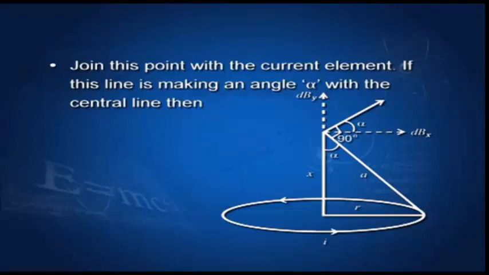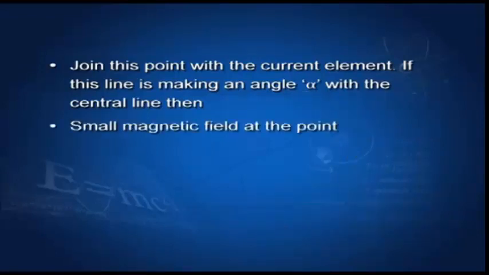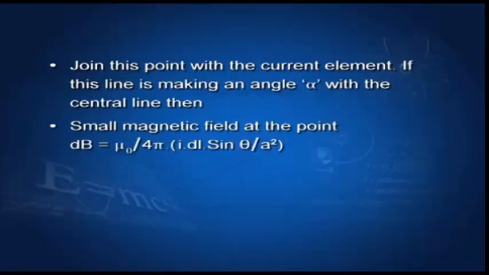If this line is making an angle alpha and its length is a, then the small magnetic field at the point, dB, will be equal to mu naught upon 4 pi, I dl sine theta divided by a square.